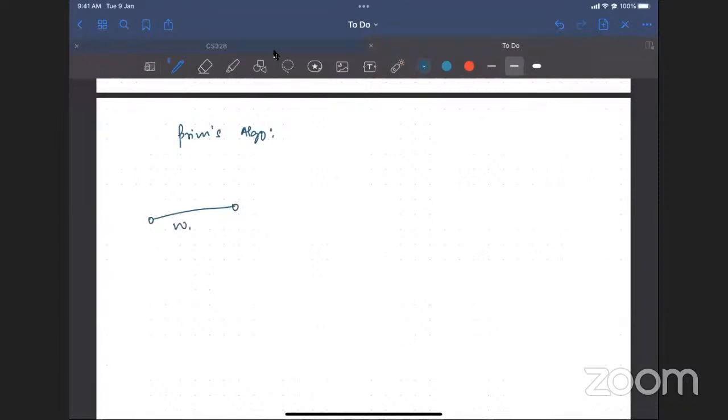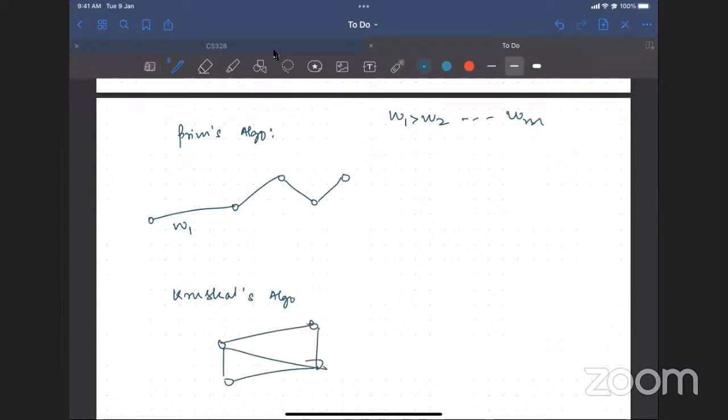So this is W1, and W1 is greater than W2 up to Wm, where m is the number of edges in a graph. And then you try to build the tree further. While in Kruskal's algorithm, you have a graph. First, you take the largest edge.